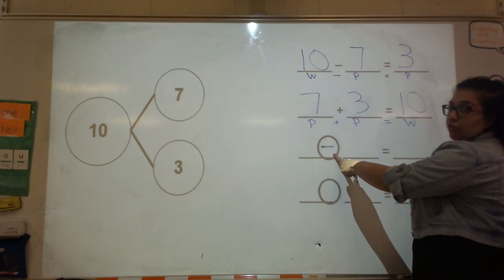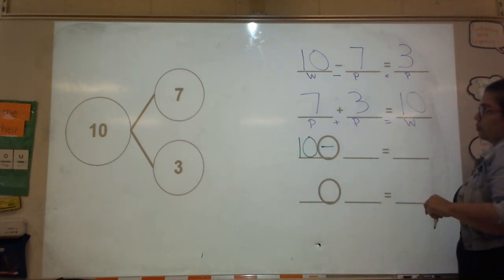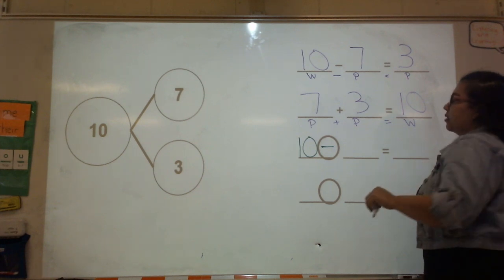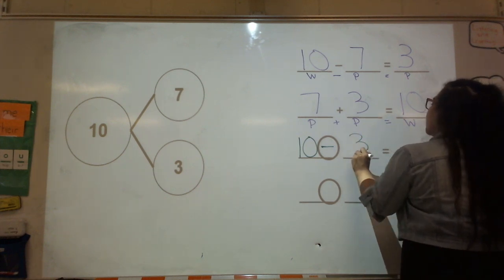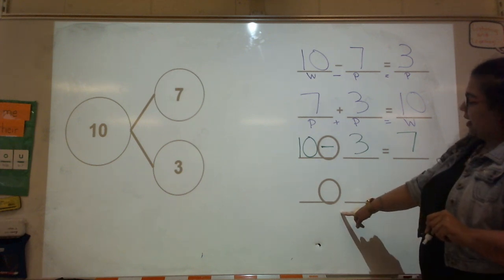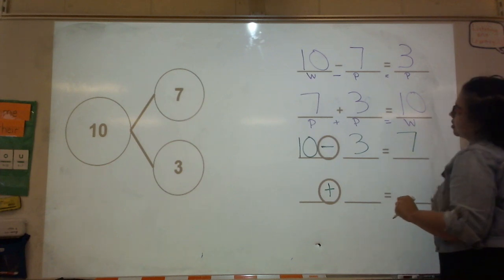Because we're still doing subtraction, it is required that we start with the whole once more. But this time, the part I want to take away is 3, which leaves me with the larger part of 7. And lastly, we will do our other addition sentence.